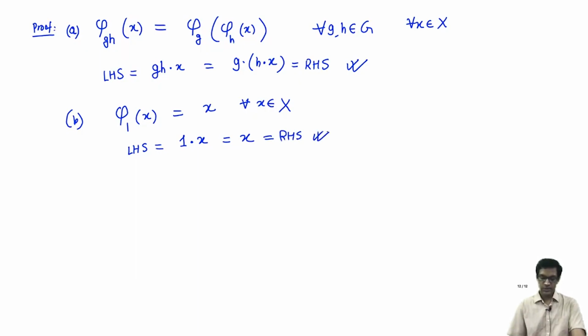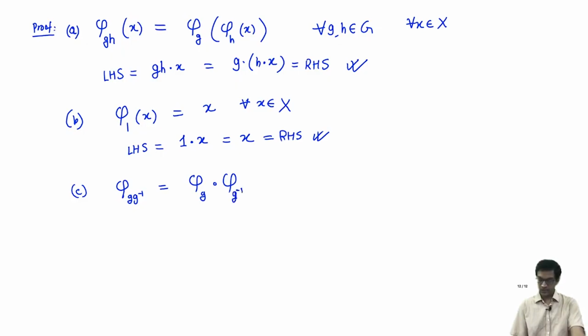So what does this imply? In particular, observe, if I take phi sub g inverse, I can rewrite using the first axiom: phi sub g inverse is phi sub g composed with phi sub h, where instead of h I am putting g inverse.